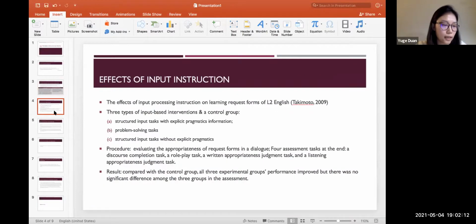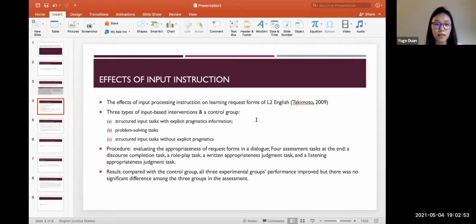Now let's look at research which applied this input-based approach in teaching pragmatics. This researcher's name is Takimoto. Based on studies of explicit and implicit approaches to teaching pragmatics, Takimoto investigated the effect of input processing instruction on learning request forms of L2 English.